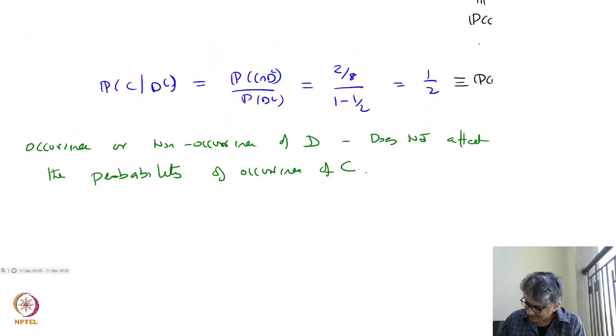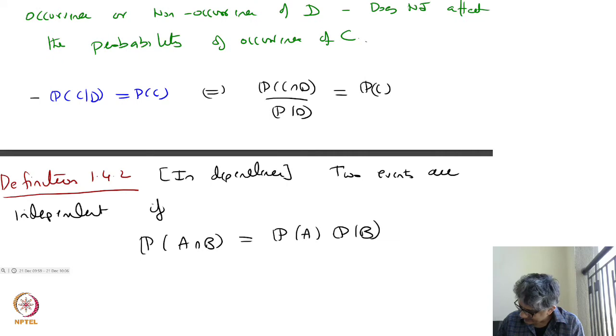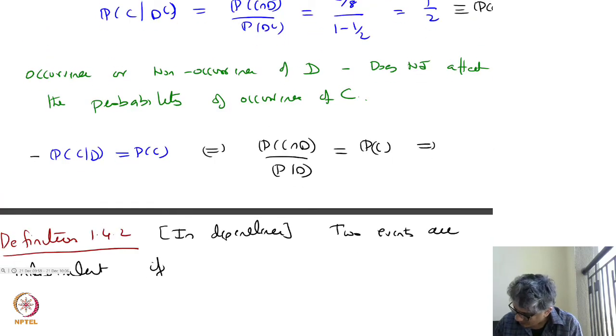So why is that definition equivalent to what I wrote before? The probability of C given D is equal to probability of C is equivalent to the fact that probability of C and D divided by probability of D is equal to probability of C, and this step required that probability of D is positive.